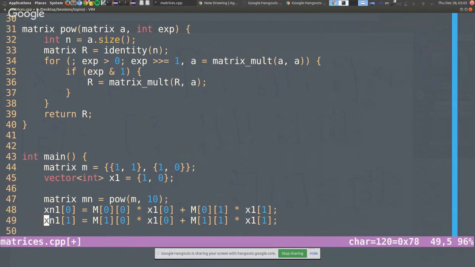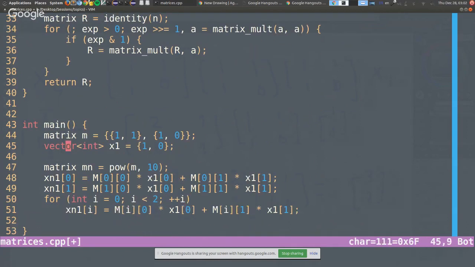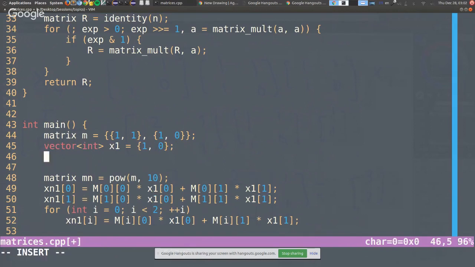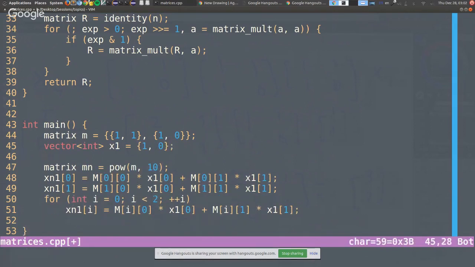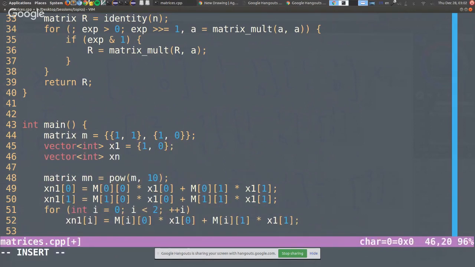Make it like this, or you can also make it like this. Here x1 is a vector of size 2. Just comment those two lines out.